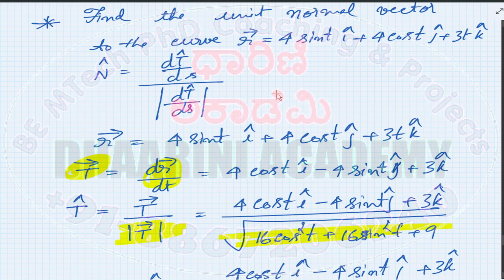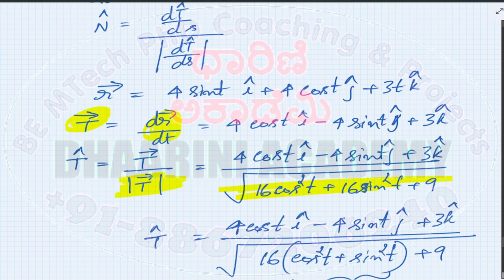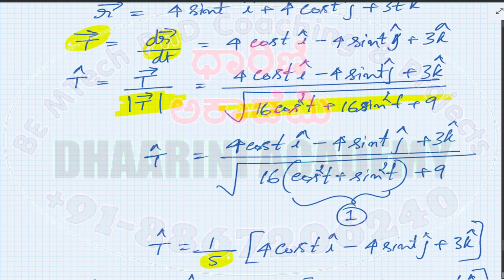Cos t becomes minus sine t, so the second term is minus 4 sine t into j cap, plus 3t becomes 3 into k cap. That is the tangent vector. Now my next objective is to find the unit tangent vector. How do you find it? Divide that vector by its magnitude. So T cap is equal to T vector divided by its magnitude.